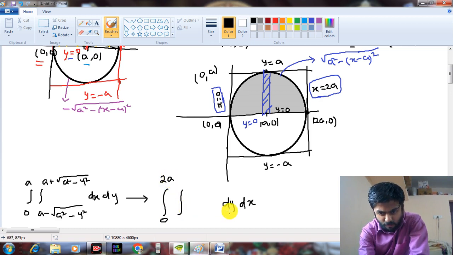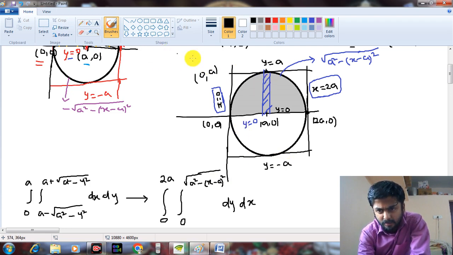The internal limit y is varying from 0 to root of a square minus x minus a the whole square. Okay, a square minus x minus a the whole square.